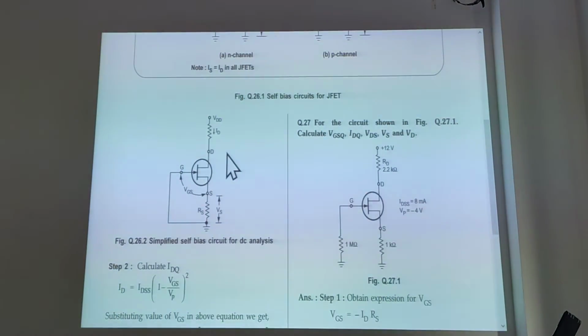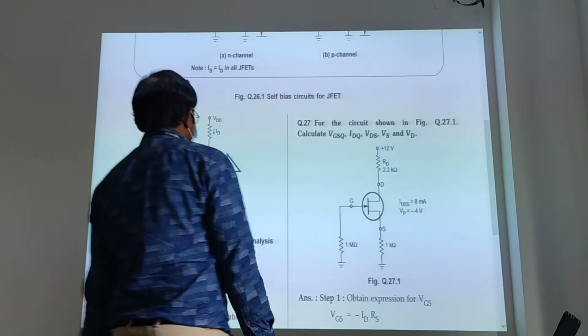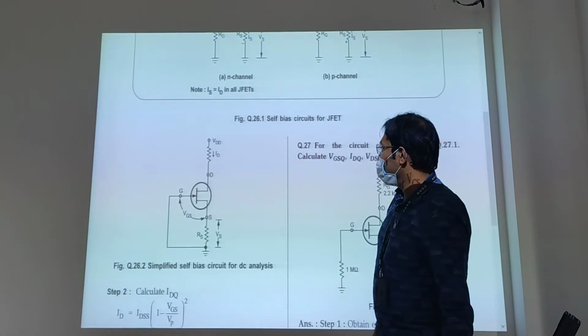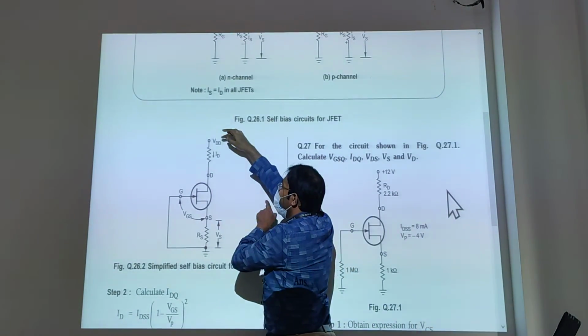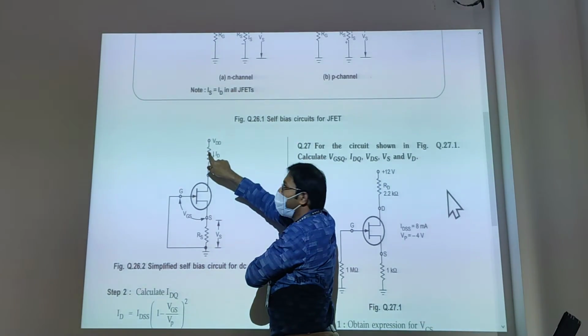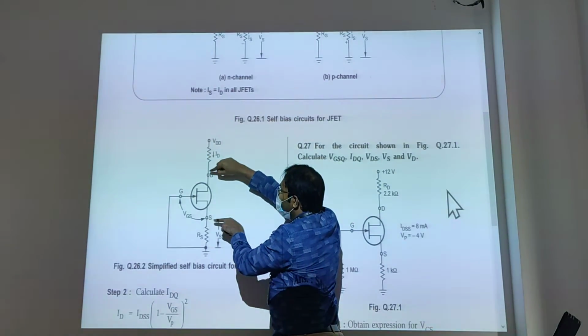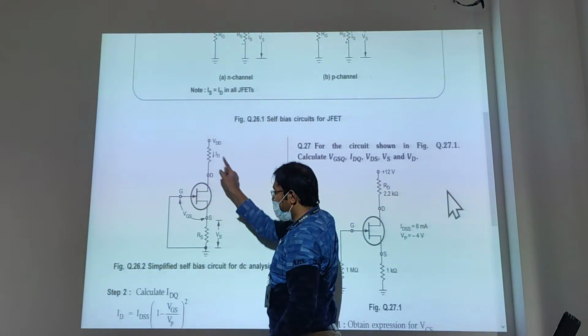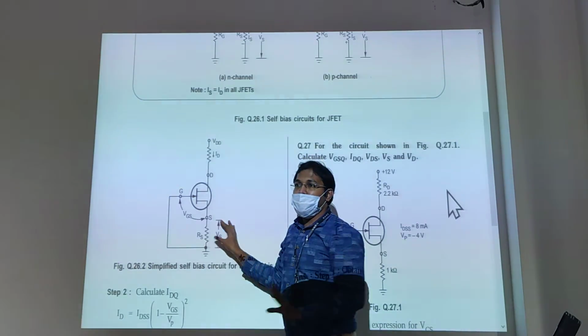Father, three children, logic. VDS will be VDD minus IDRD minus IDRS.